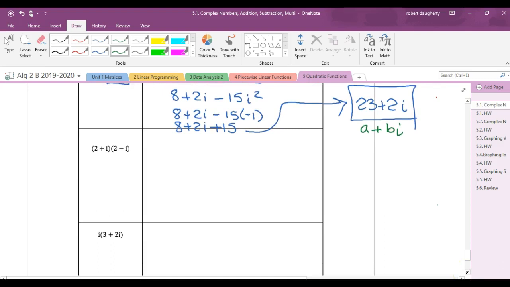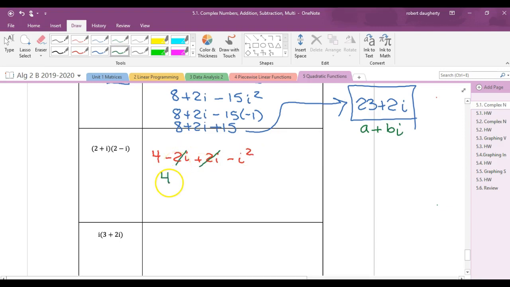So I'm going to multiply these together. When I multiply the first 2 terms together, what do I get? 4. When I multiply the outside terms, what do I get? Minus 2i. When I multiply the inside terms, what do I get? 2i. When I multiply the last terms together, I get what? Minus i squared. What happens with this 2i and minus 2i? That's 0.